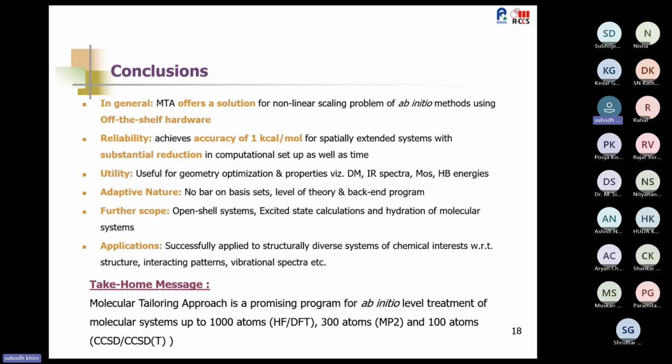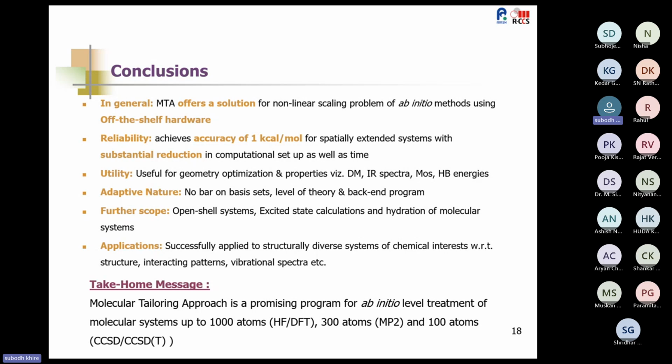the molecular tailoring approach is a model wherein you can do ab initio treatments like property calculations and vibrational IR spectrum of around 1,000 atoms at the Hartree-Fock and DFT level, 300 atoms at MP2 and 1,000 atoms at CCSD or CCSD(T).